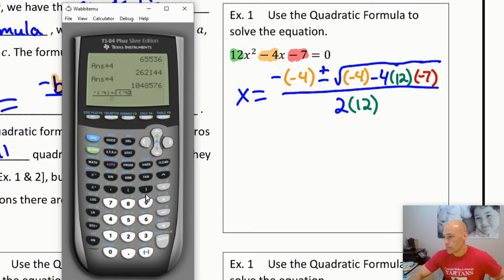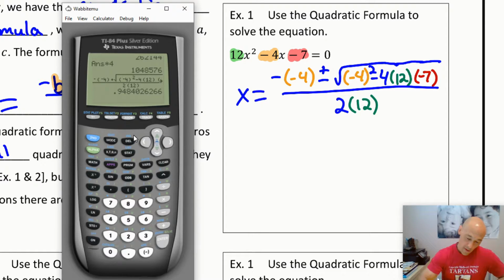Negative 4 in parentheses. Oh, that's supposed to be squared. Shoot, that's a b squared. Glad we noticed that. So that's going to be b squared minus 4 times a, which is 12, times c, which is negative 7. And all of that is over 2a, which is 12. And then I can just hit enter.